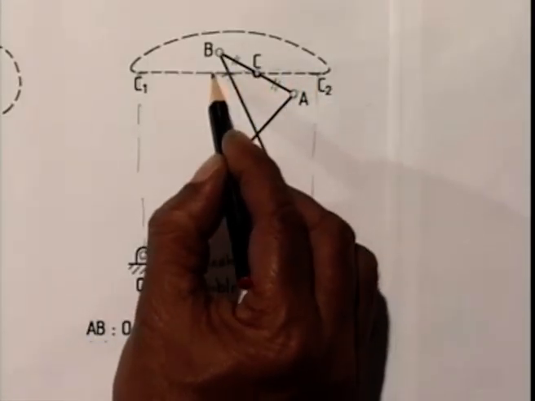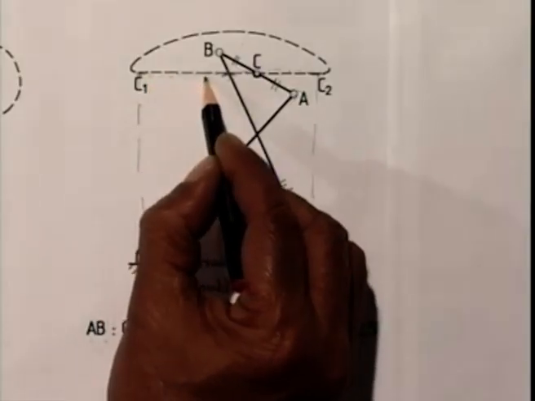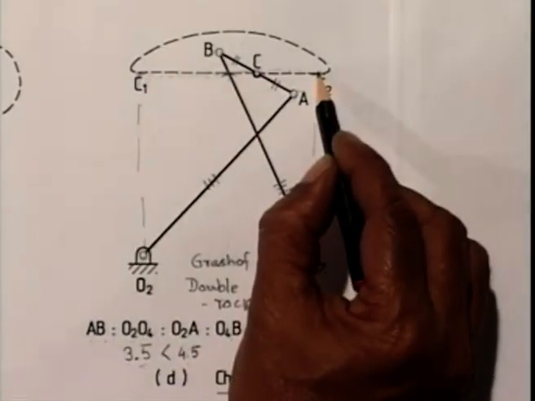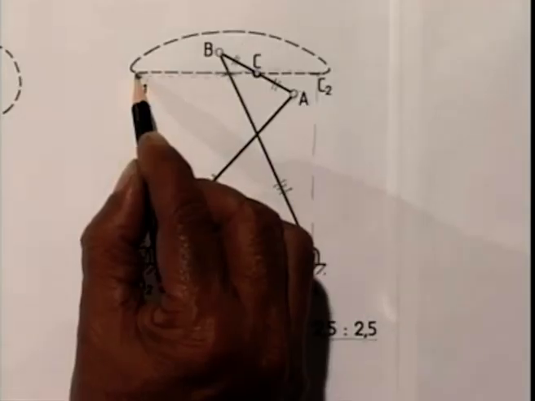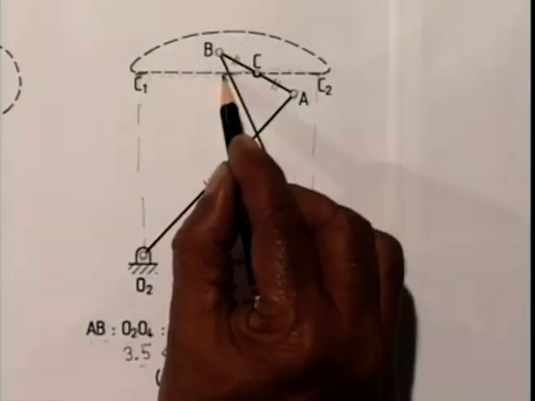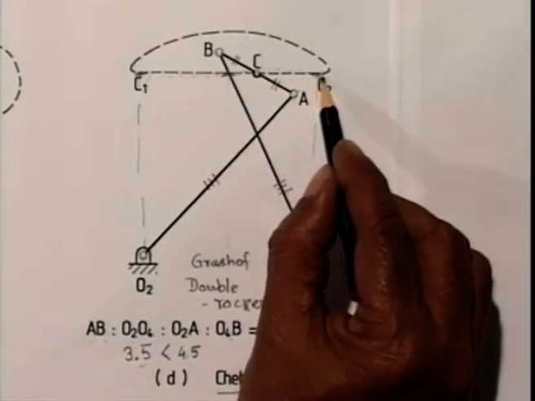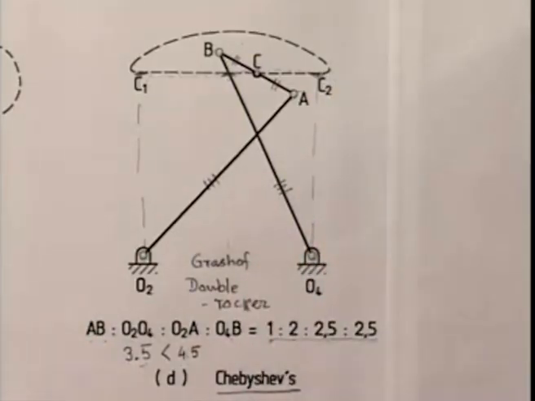Very little deviation of the coupler curve from this straight line C1 C2. It is exactly tangential to the coupler curve at C1, at this midpoint, and at C2. It will be clear when I explain this with the help of sketches and get to these relations.